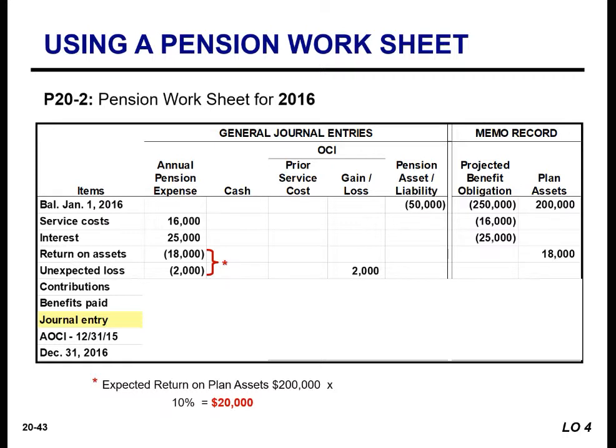An unexpected loss of $2,000. Sorry, an unexpected gain of $2,000.